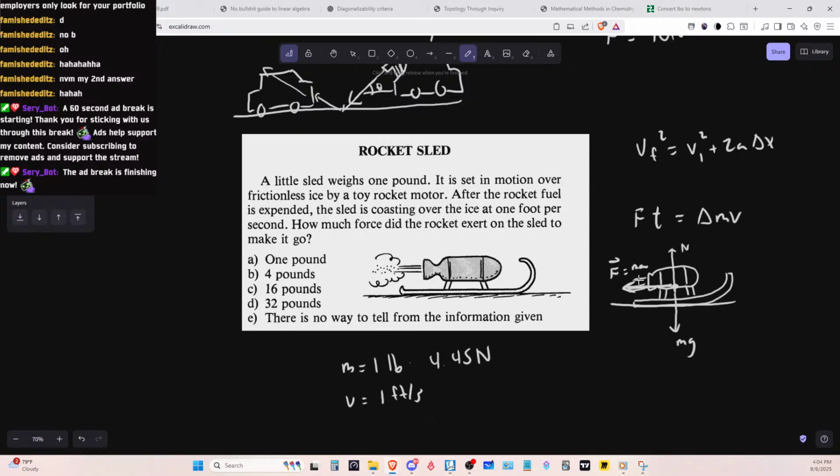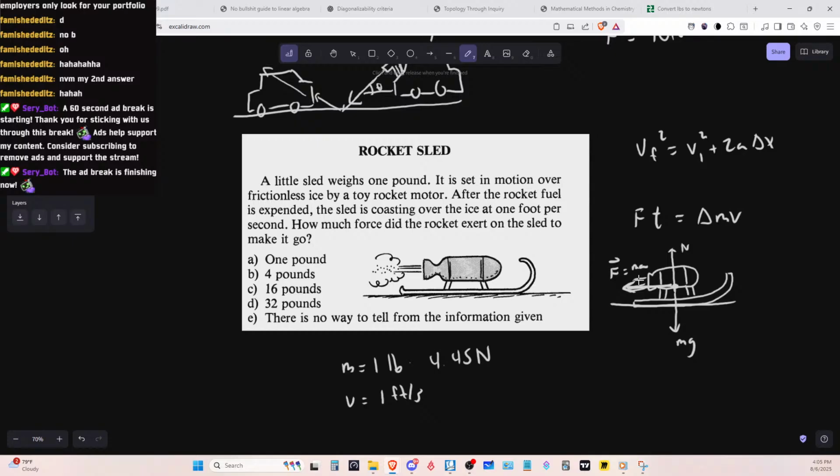Because I think if it's 1 pound, because we have a frictionless surface, and it goes 1 foot per second after the rocket fuel is used up, I'm guessing it has to travel very fast, but not too fast.